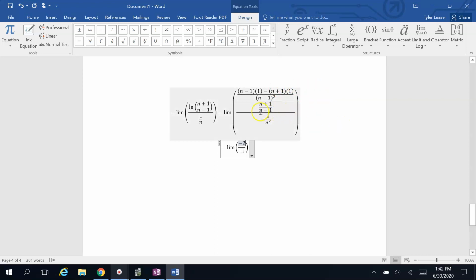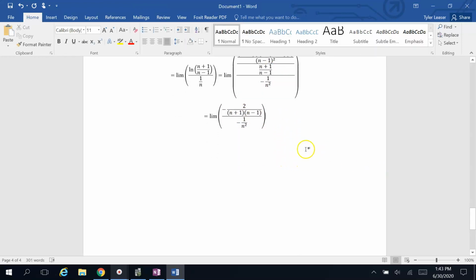So this n minus 1 comes up top and cancels out with one of these n minus 1s. The n plus 1 is going to be divided now, so it goes in the bottom. So it's going to be that negative 2 divided by n plus 1 times n minus 1. I'm going to leave that negative 1 over n squared alone that's already down here. So it simplifies down to be this.